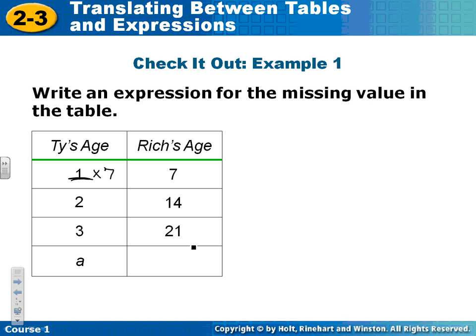That's a good thing. Because some of you might have gone, well, it's just plus 6. And you would have gone 2 plus 6. It's not 14, is it? No. So she noticed that we are not adding this time. We are multiplying. 2 times 7, is that 14? Yes. 3 times 7, that is 21.